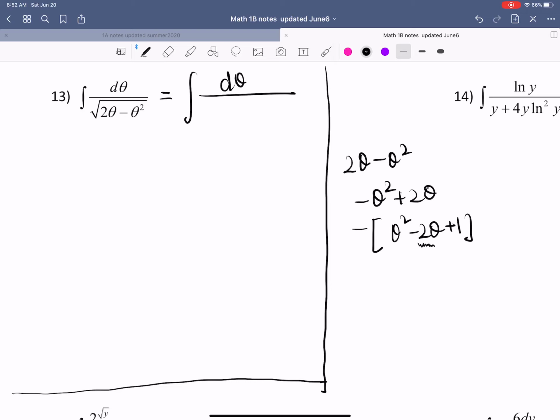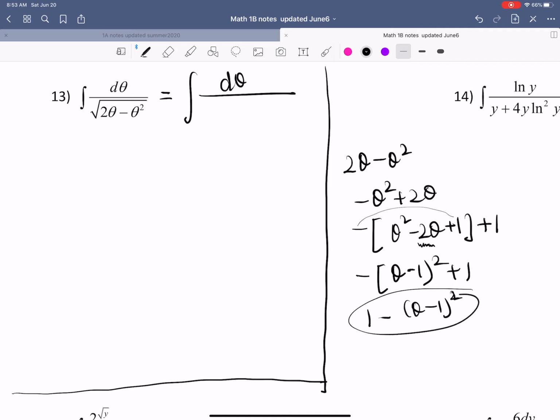Technically, I'm actually subtracting the 1 because if you distribute the negative, I subtracted the 1 here. To make up for it, I must add a 1 as well. So it turns out to be theta minus 1 squared plus 1, or 1 minus theta minus 1 squared. This is the completed square for me.